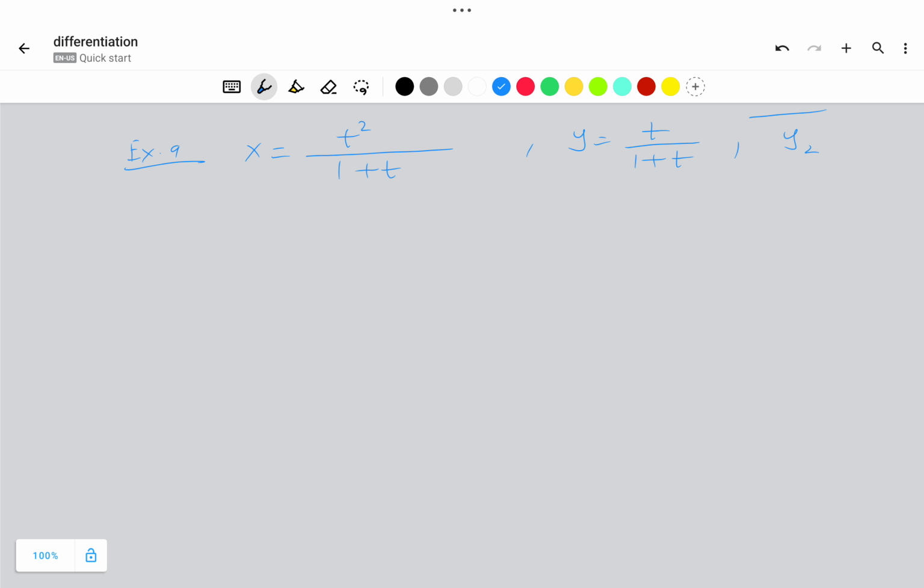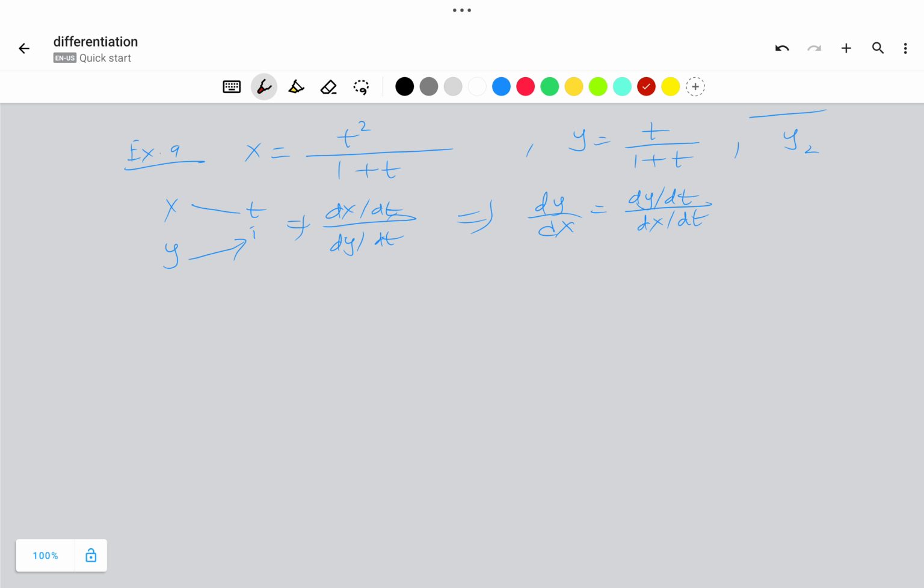Whenever x is in terms of t and y is also in terms of t, we differentiate x with respect to t and then we differentiate y with respect to t, and then using this we find dy by dx is equal to dy by dt upon dx by dt.